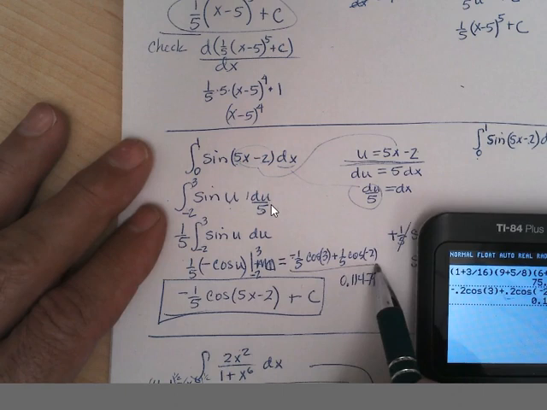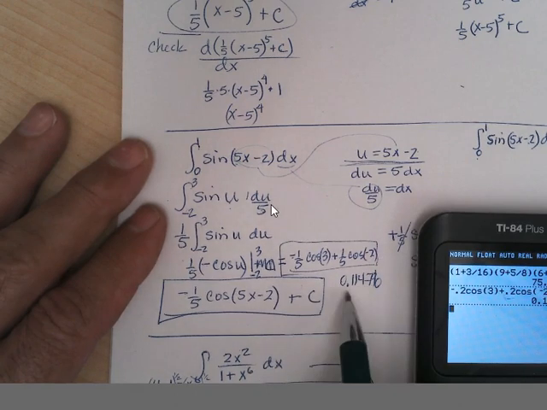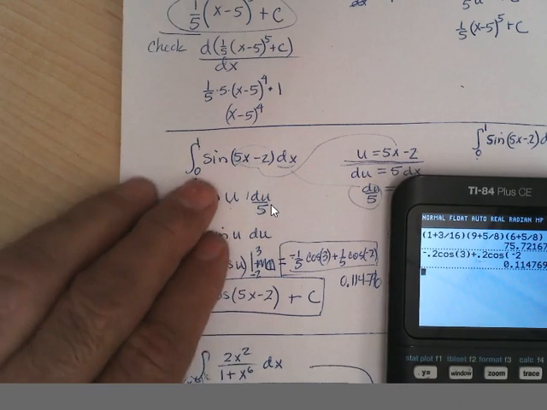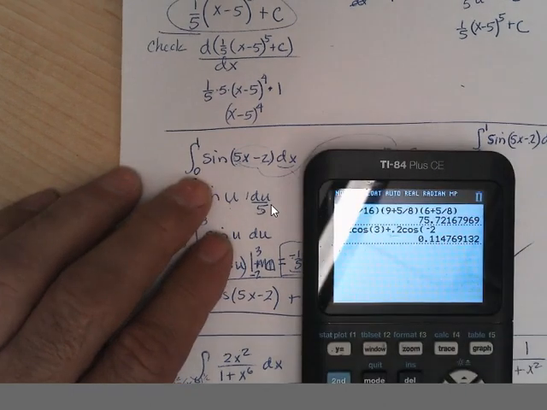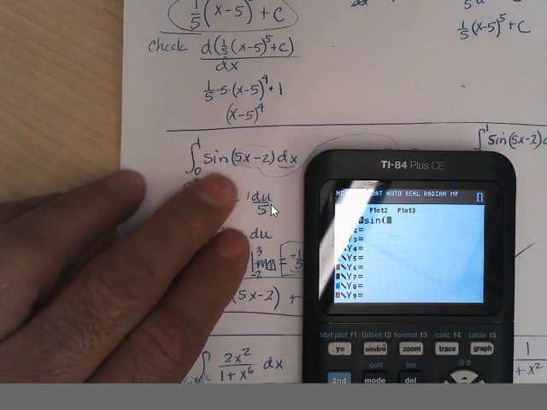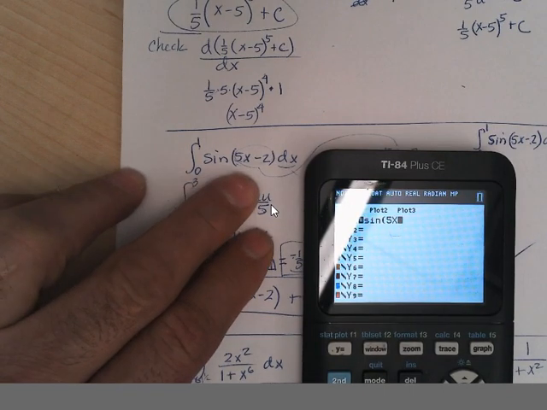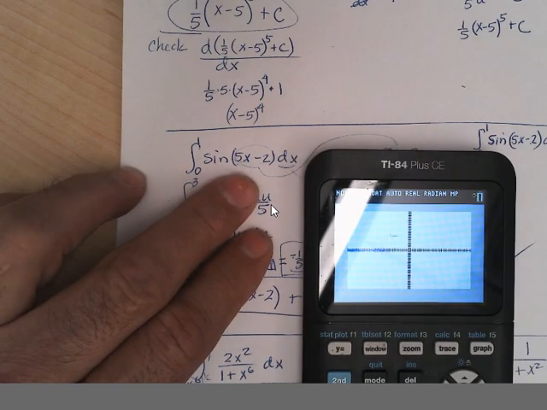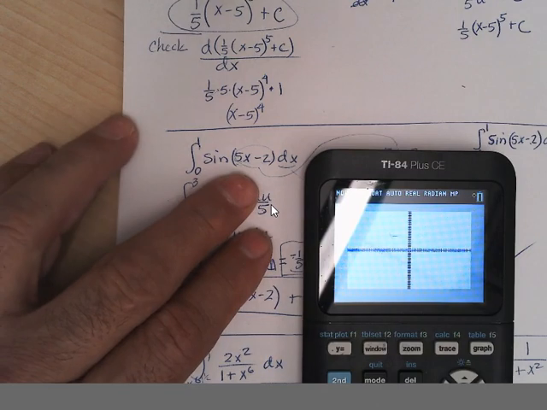0.114769. Anyway, that's an approximate answer, not exact. This is an exact answer. That's an approximate. Now, I could have gotten that approximate answer easily with the calculator by just going to y equals and typing in sine of 5x minus 2 and going second, calculate the area under that curve. Well, I got something funny here.